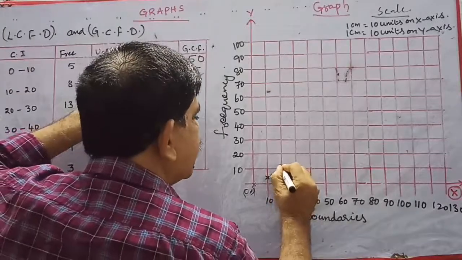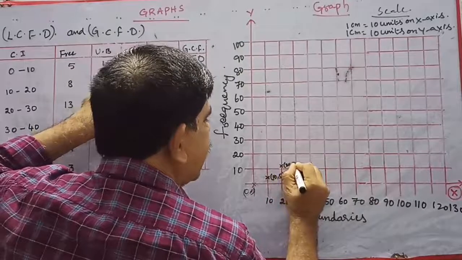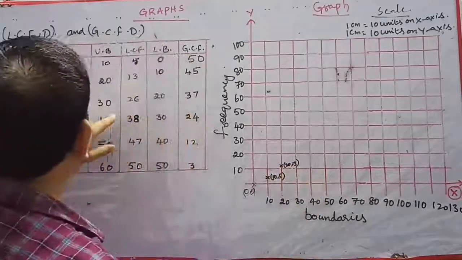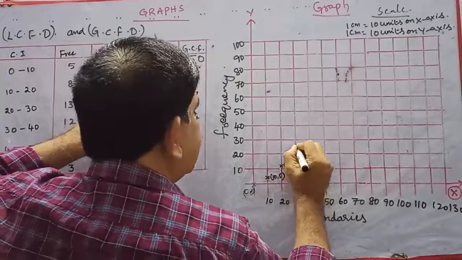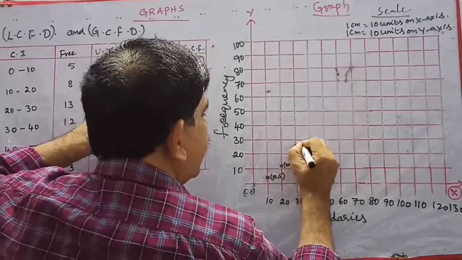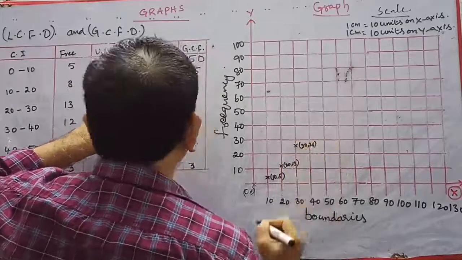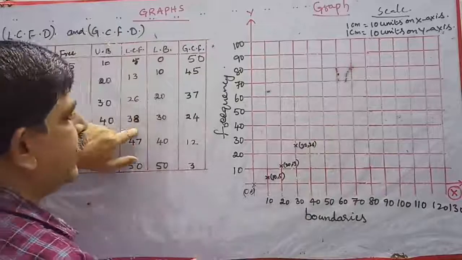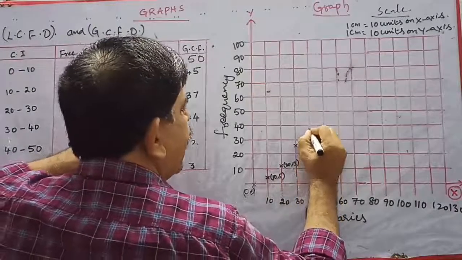So 13 is approximately here. Next 30, 26. Next 40, 38.